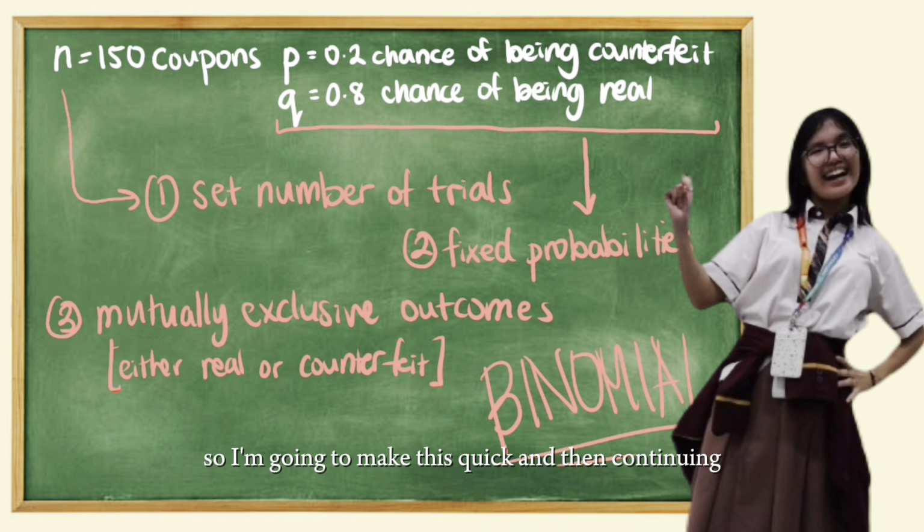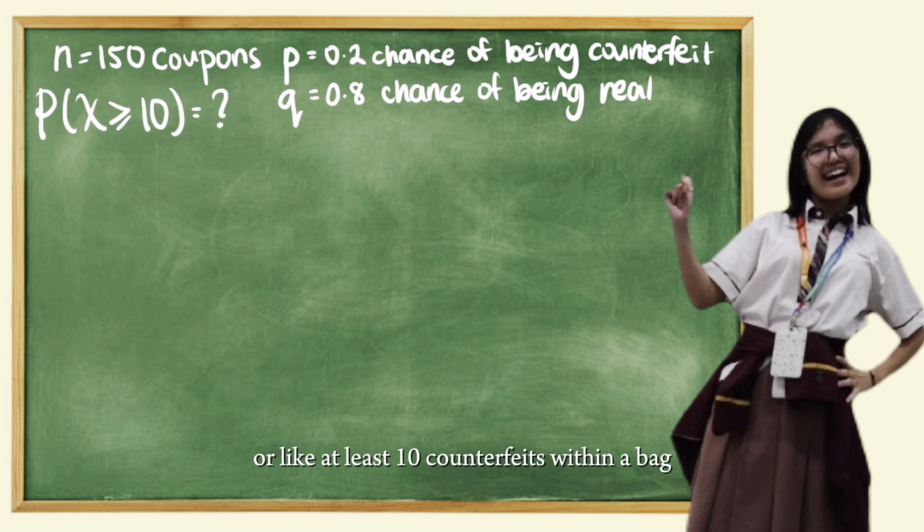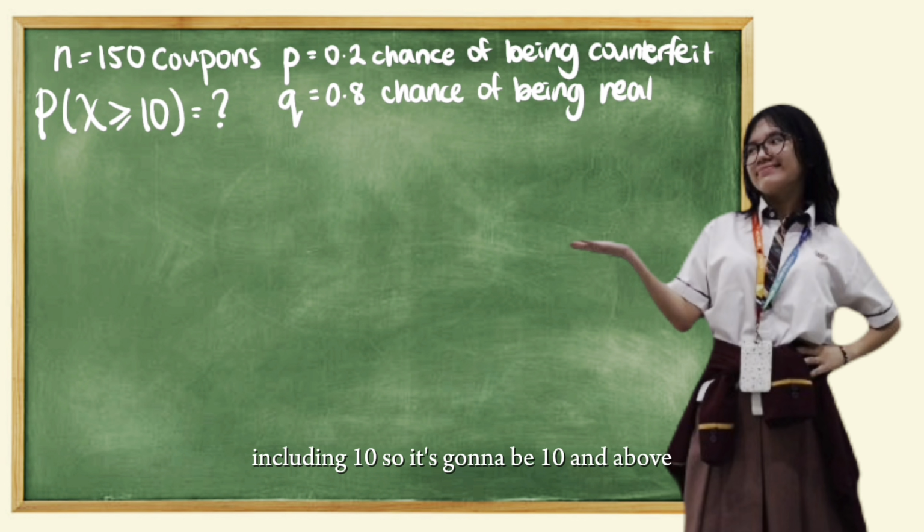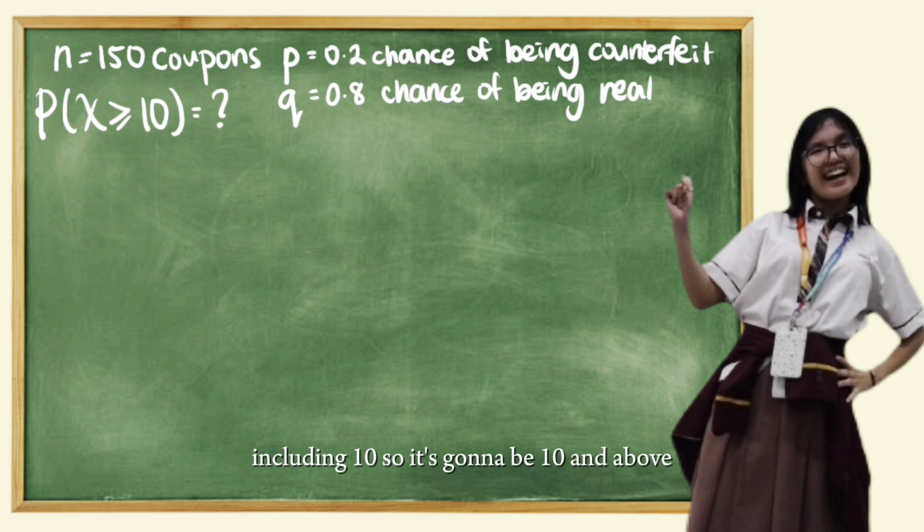And then continuing, one of the bad guys asked about the probability of there being at least 10 counterfeits within a bag. So it's asking if there's going to be more than 10, including 10. So it's going to be 10 and above counterfeits within the bag containing 150 coupons.